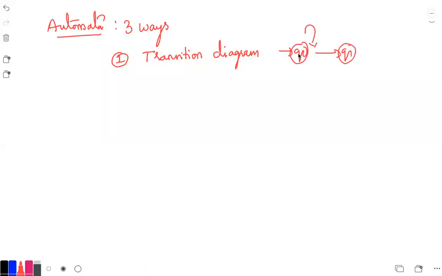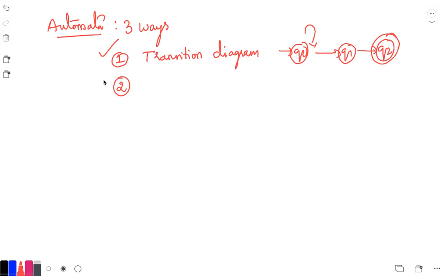In a transition diagram, the states are depicted with circles. There will be directed arrows for the inputs, and the final state is depicted with the help of 2 concentric circles. This is the most approved representation of an automata.